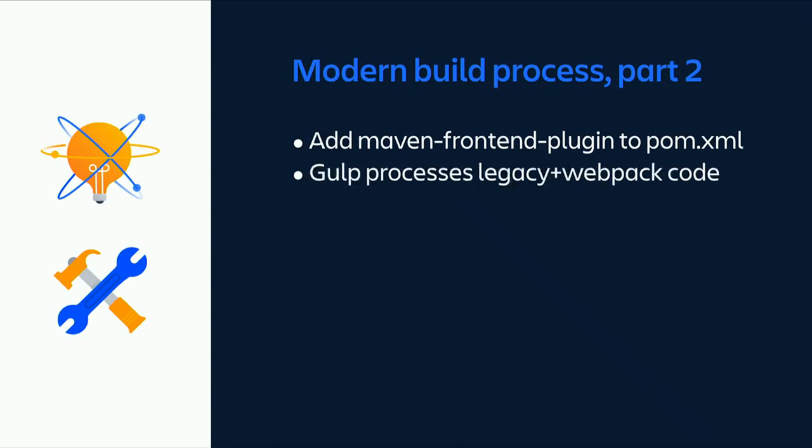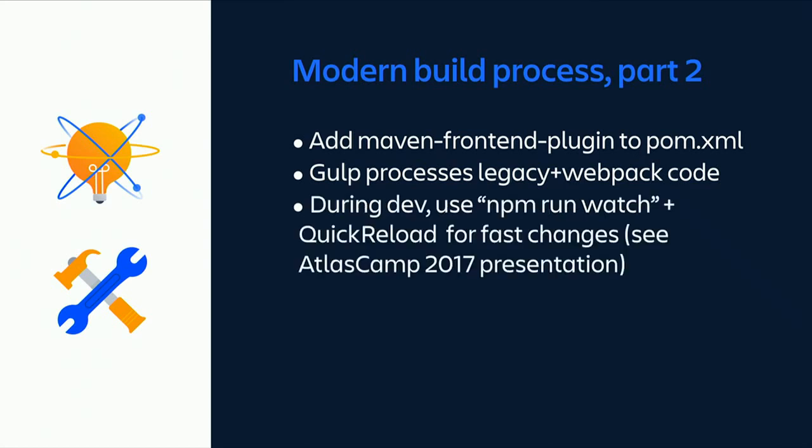We're using, in that process, Gulp to process legacy and Webpack code. And we're using a number of individual tasks to make that work, which we'll look at in a little bit. During development, as you're modifying JavaScript code, you'll be using npm run watch. And this uses quick reload, as discussed in the Atlaskit 2017 presentation, to automatically pick up changes without having to do a plugin jar reload.